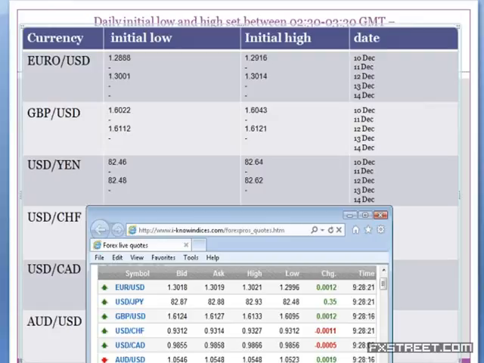On this particular slide I note down the initial lows and the highs and display it to the people who come for this webinar on Monday and Thursday, and I also ask them to note it down and try to read how the players are making use of it. So today at 3:30 GMT, 1.3001 was the initial low and 1.3014 was the high.